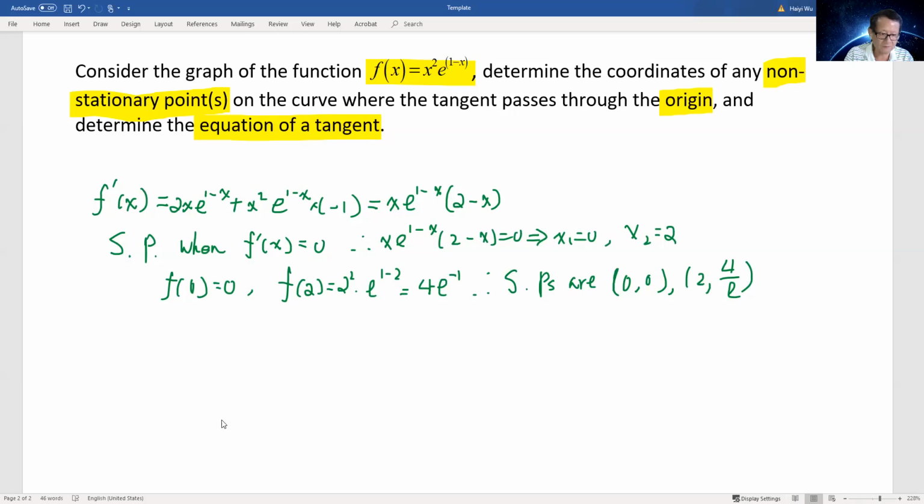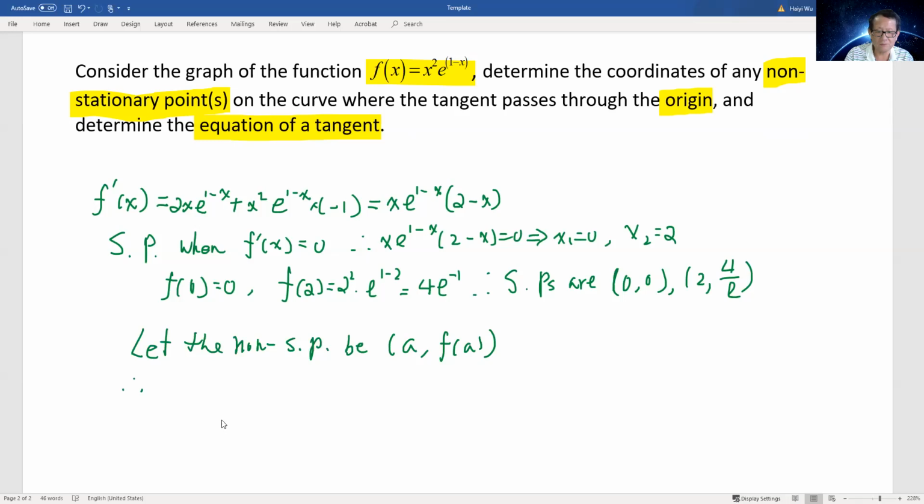So we let the non-stationary point be (a, f(a)).